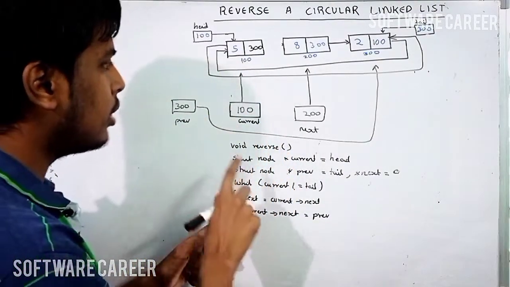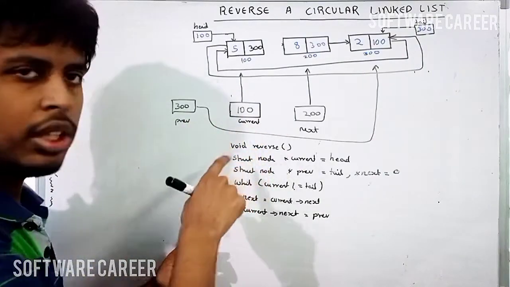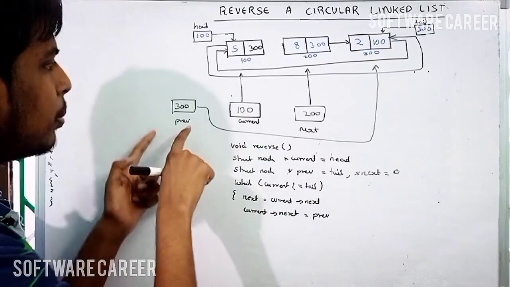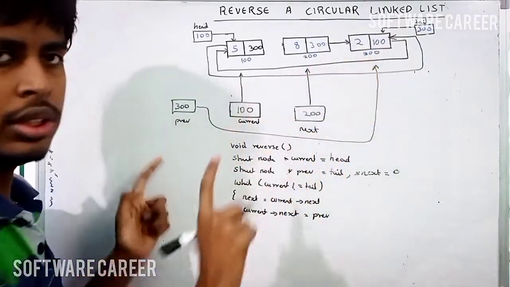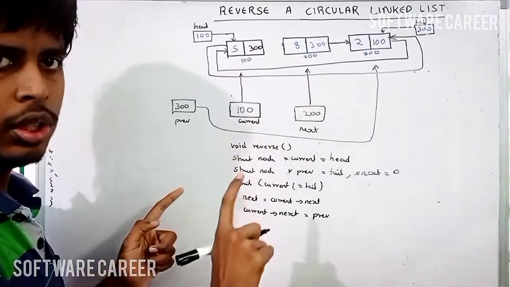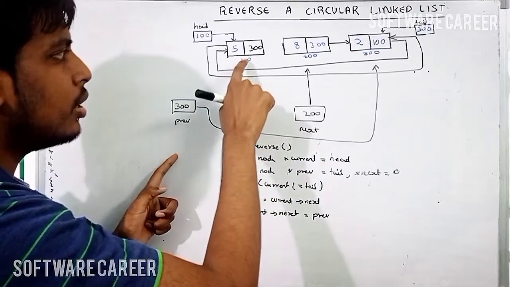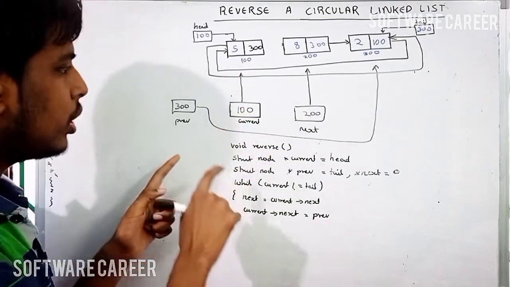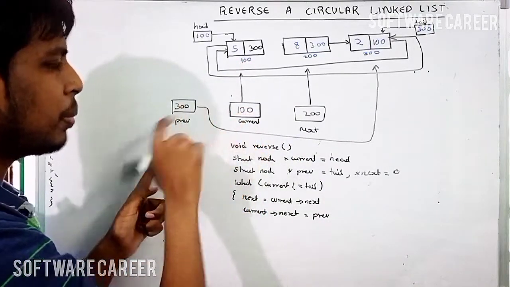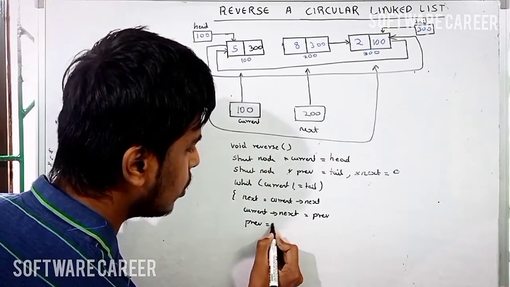Now the next step is, you should move the previous pointer and the current pointer one step ahead. Previous pointer is pointing to the last node, that is the tail. Now it should point to the first node. How can you go to the first node? The address of the first node is stored in current, so I should store that address from current into previous. So I am writing previous equals current.